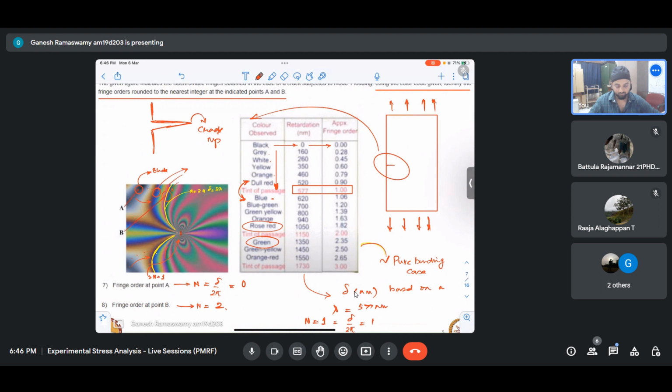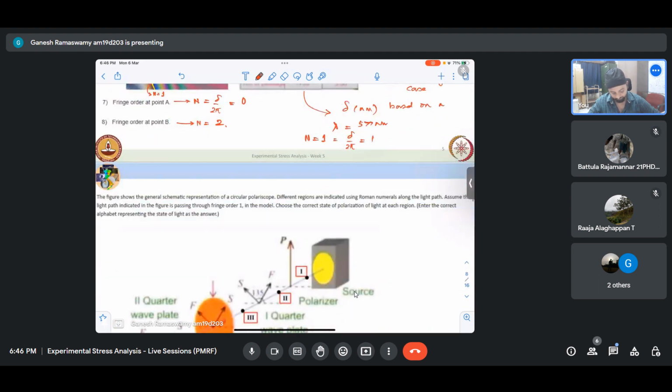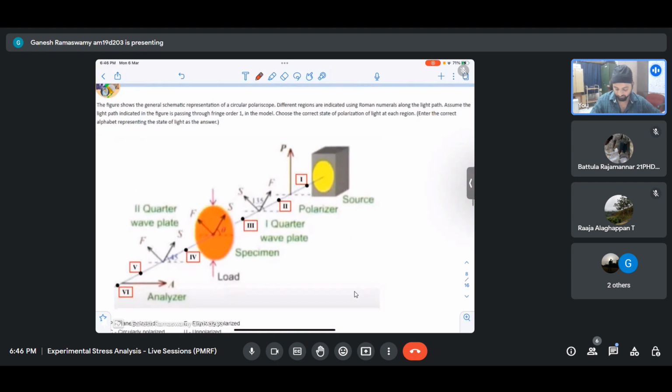So let us look at this question. The figure shows the generic schematic representation of a circular polariscope. Different regions are indicated using Roman numerals along the light path: 1, 2, 3, then 4, 5, and 6.